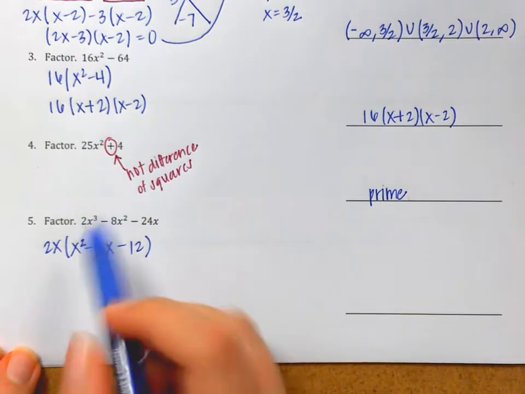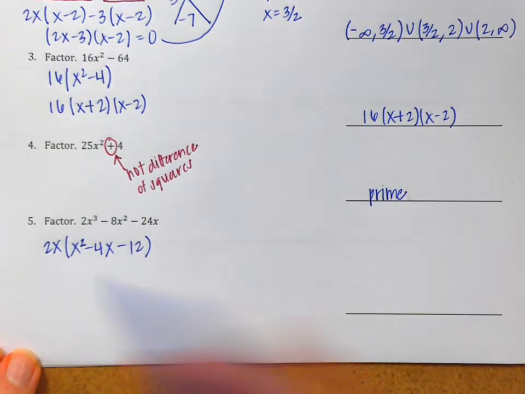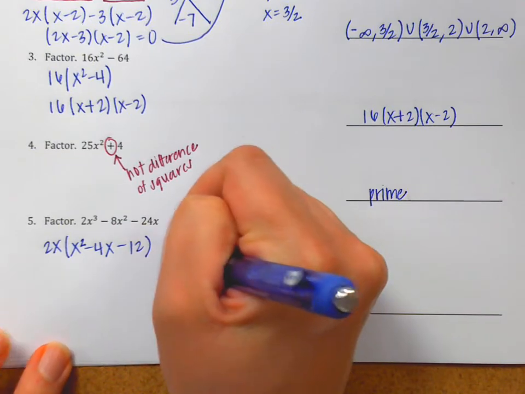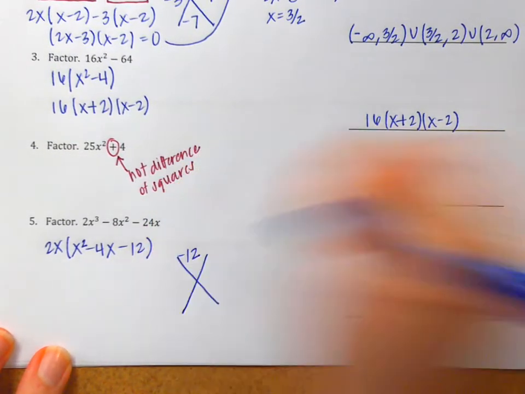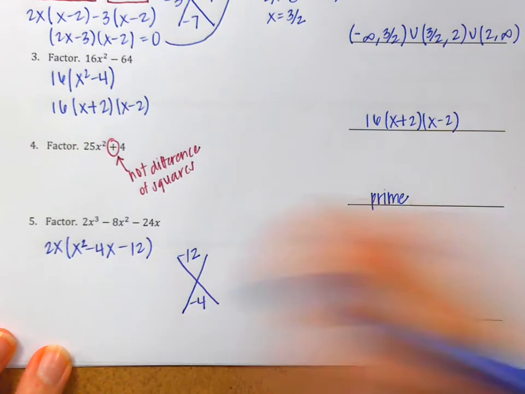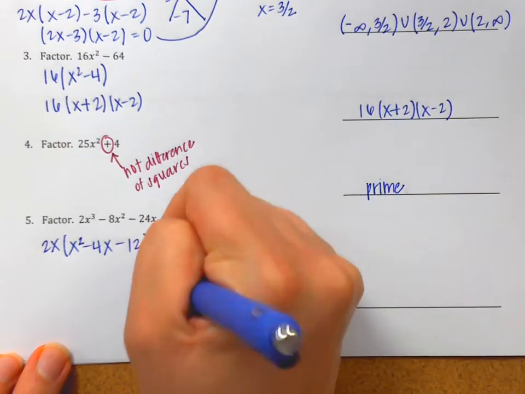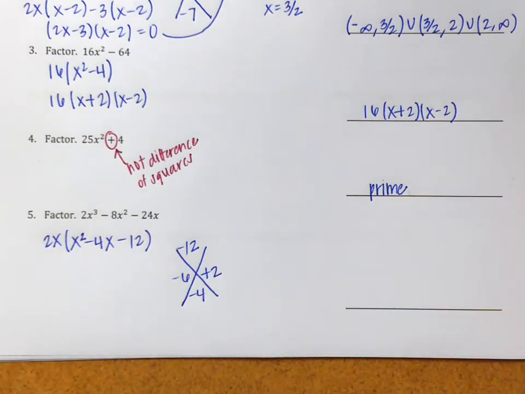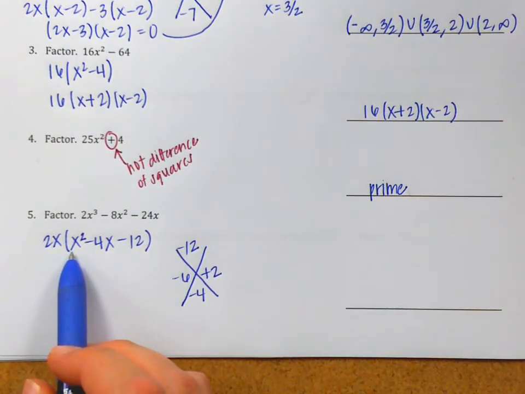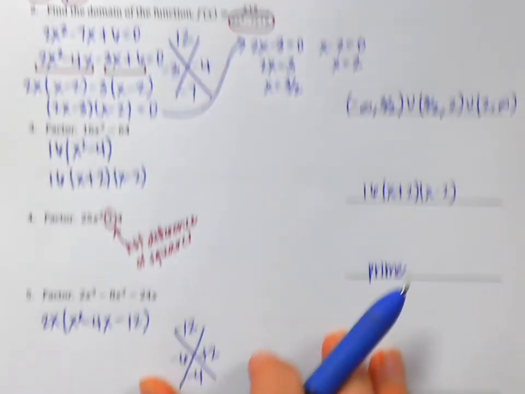And then I always want to check, can I keep factoring the inside, which I can. I'm thinking what two numbers multiply together to get me negative 12, and add to get me negative 4. And that's going to be negative 6 and positive 2. So because a is equal to 1, I don't have to split the middle term like I did up here.